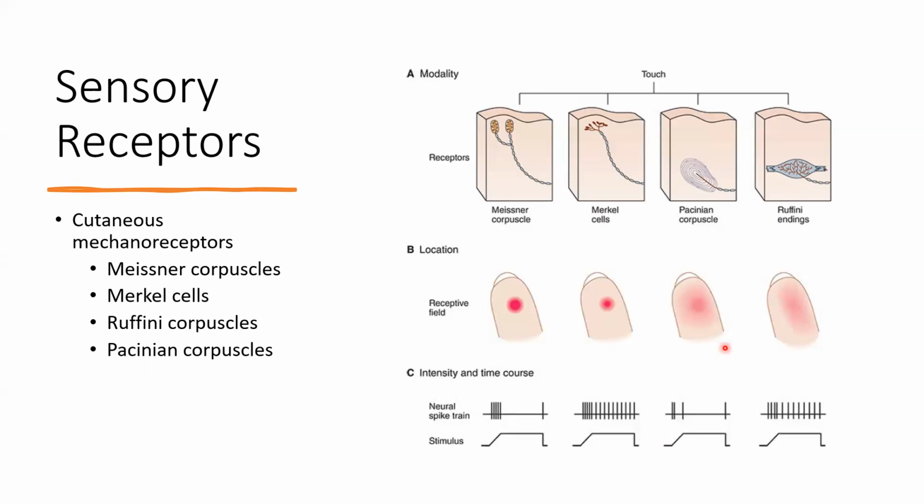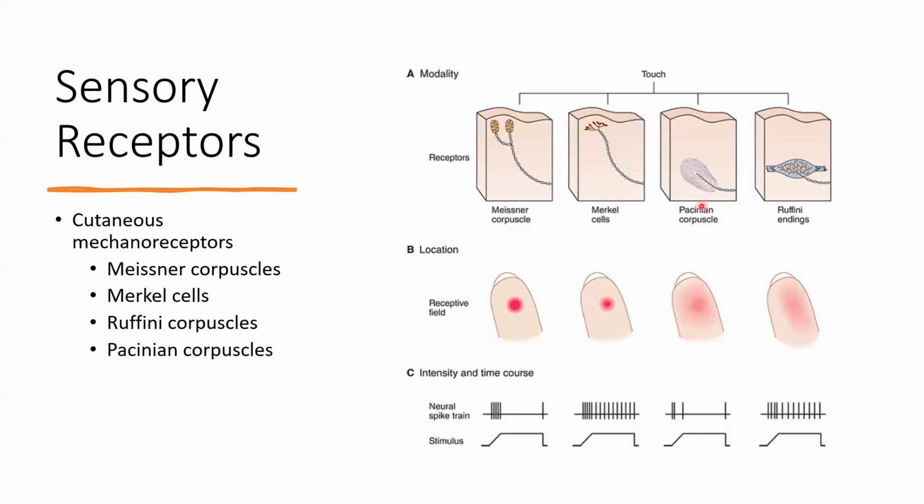You would notice that these receptors have different receptive fields. The Meissner corpuscle and the Merkel corpuscle have narrower fields of reception compared to the wider fields of your Pacinian and Ruffini endings.